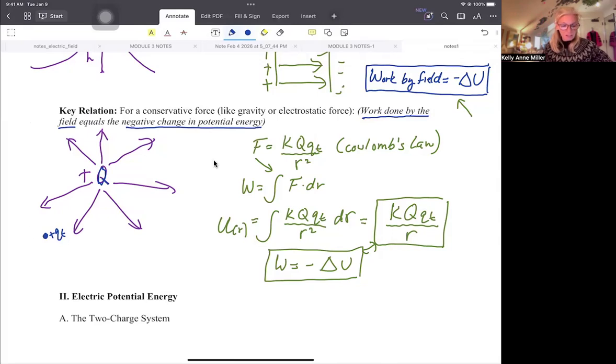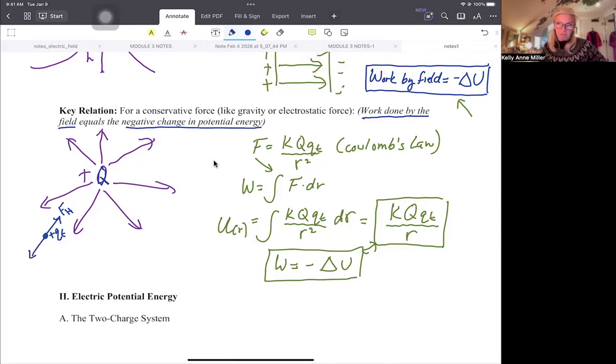Okay, so let's say I exert a force with my hand. I mean, this is kind of unrealistic, but let me just write. I push it in some way towards big Q. Okay. What is the work done on that charge? Is it positive or negative by the electric field? So remember, the electric field is pushing it.